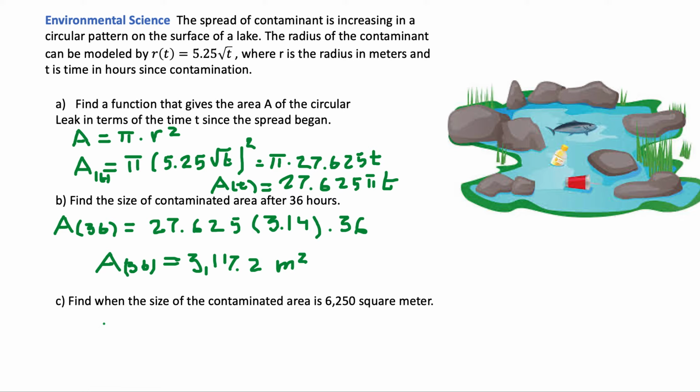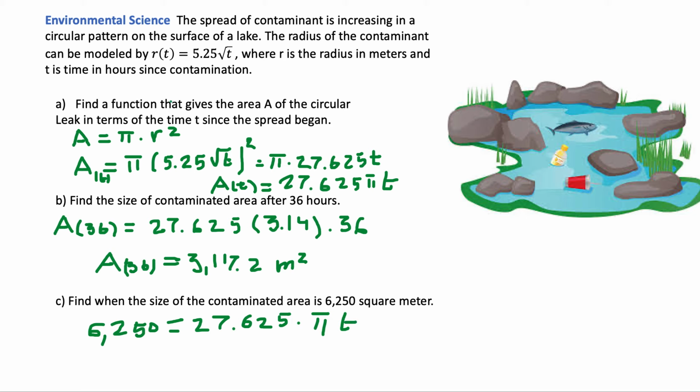So instead of the A, we plug in 6,250, and this is equal to what we have on the other side below, 27.625 pi times t.